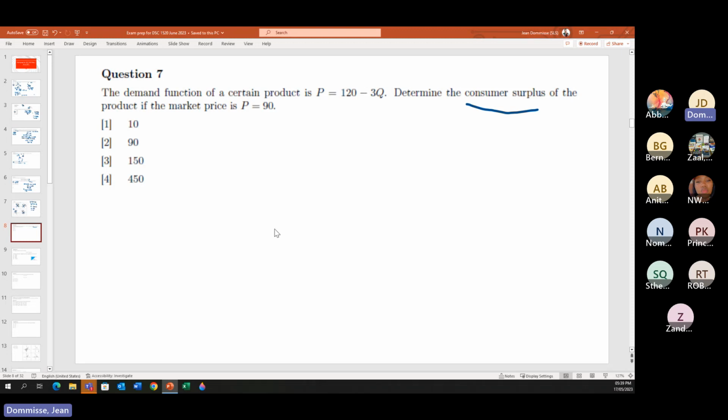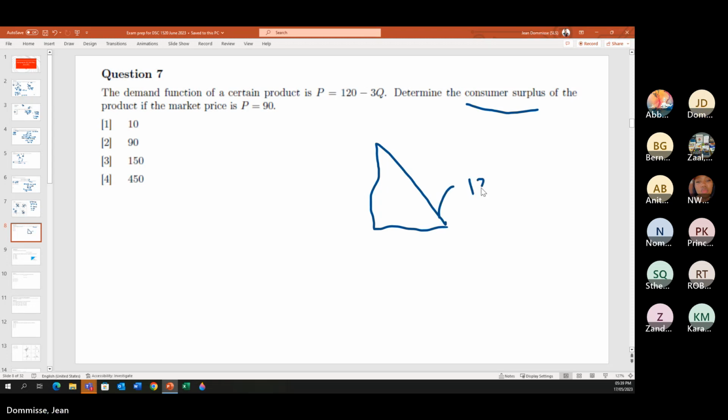Okay, so let's just assume that it is a straight line. Okay, so let's say this is your 120 minus 3Q in this instance.